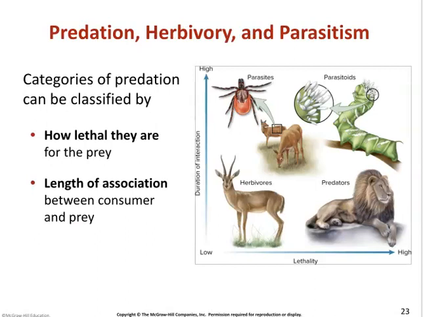So some of the things that we look at with predation, herbivory, and parasitism are: how lethal are they for the prey? Or the length of association between the consumer and the prey. When we see a high duration of interaction and a low lethality, those are parasites.